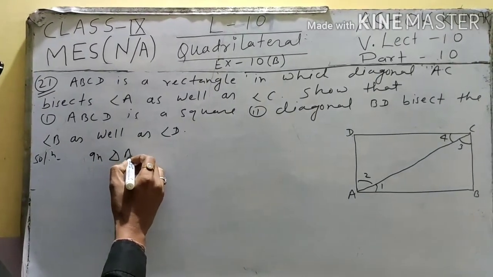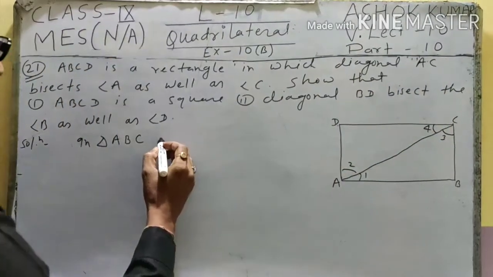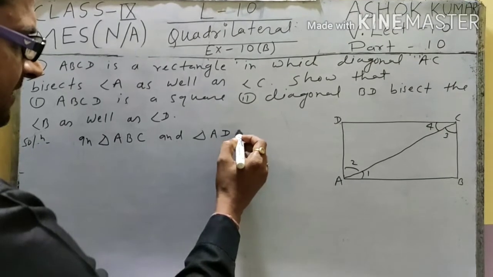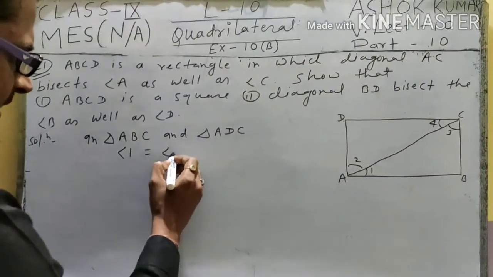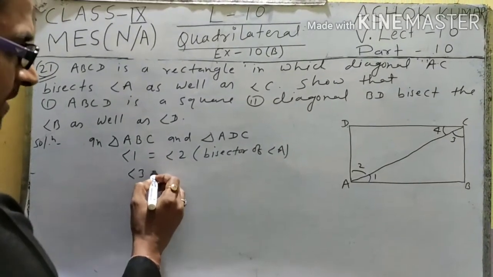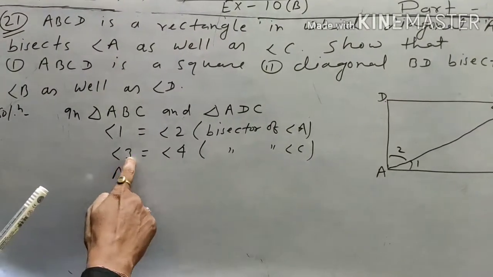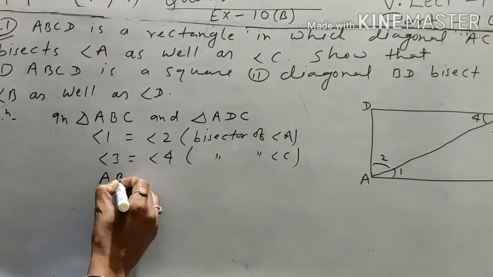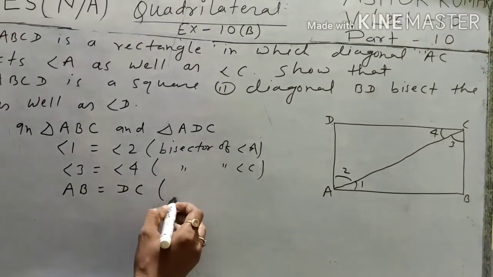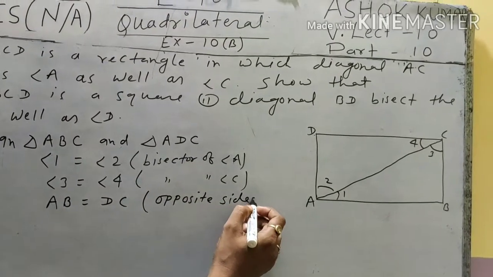In triangle ABC and triangle ADC, under these two triangles, angle 1 is equal to angle 2, bisector of angle A, and angle 3 is equal to angle 4, bisector of angle C. AB is equal to, not AC, AB is equal to DC, opposite sides of a rectangle.